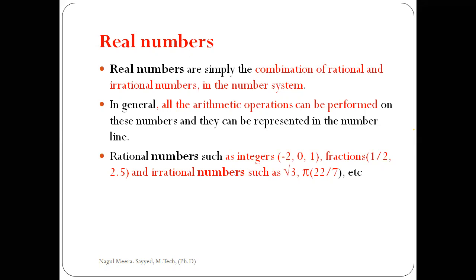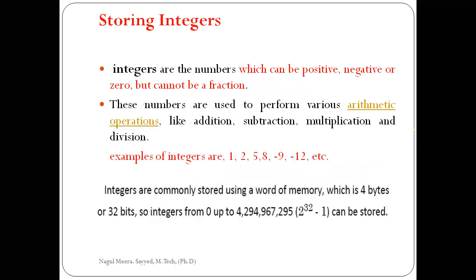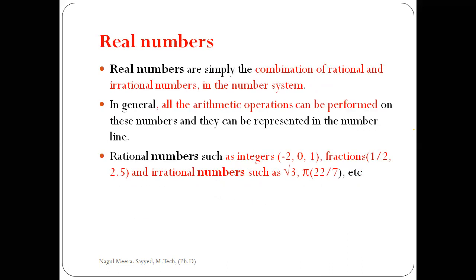If we want to use a general number without a point, we must use int, integer in the program. So these all are different types of numbers, nothing but storing integers and real numbers. This is our topic.